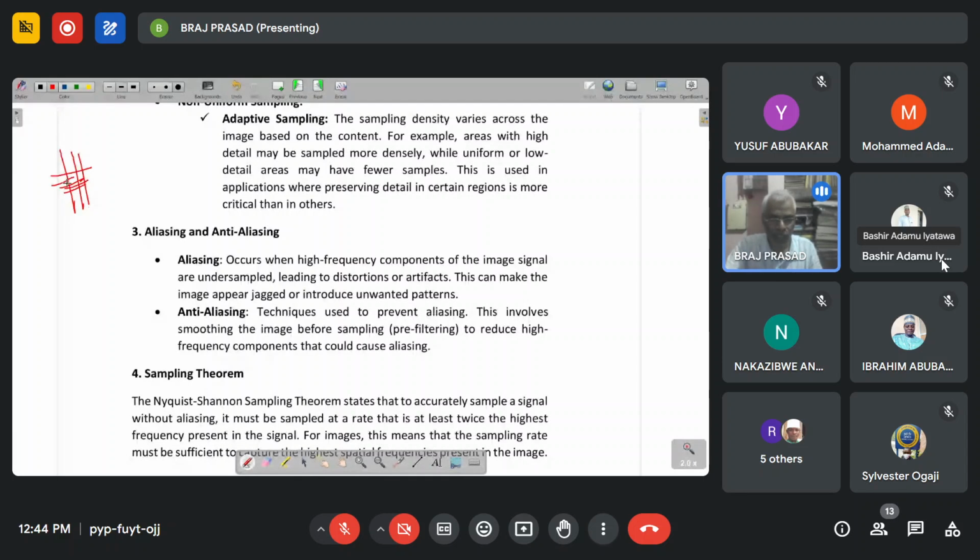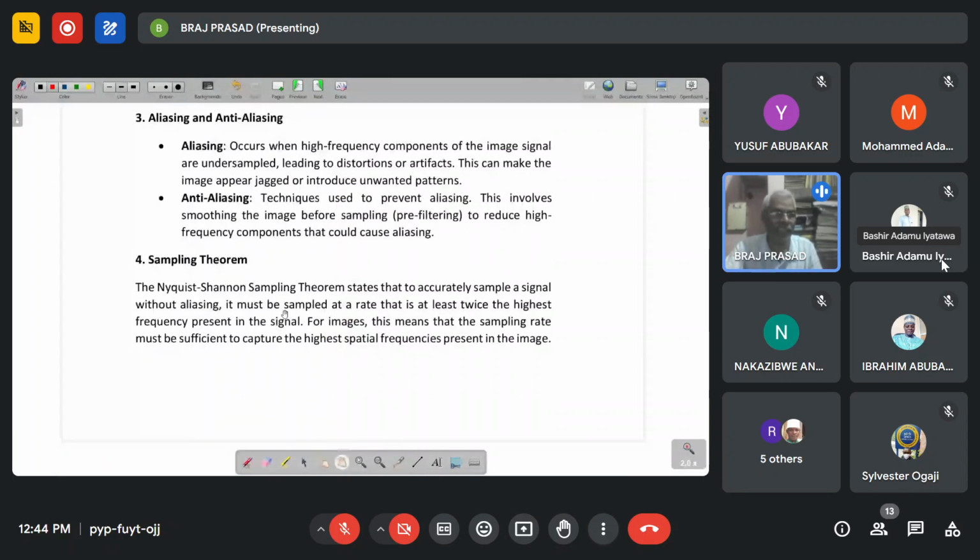Sampling theorem: there are different sampling theorems. First is called the Nyquist theorem, and on this Nyquist-Shannon theorem there may be questions. This theorem says that to get the correct or best image, the sampling frequency must be twice the maximum frequency of the original object.